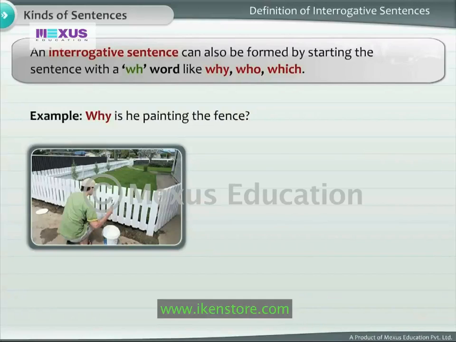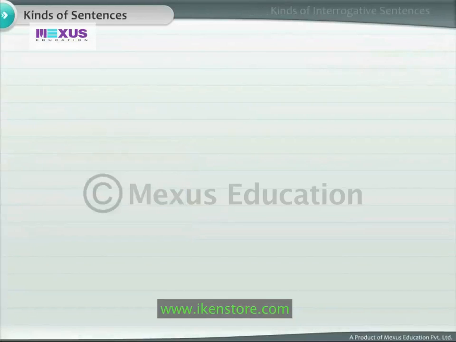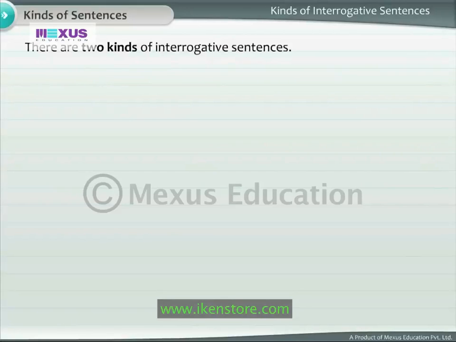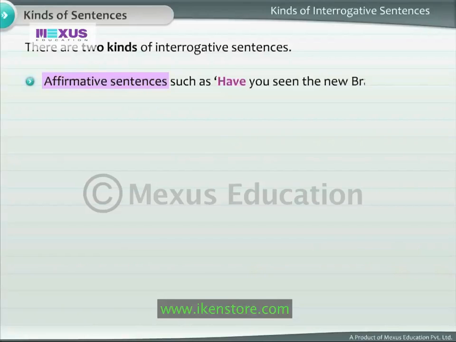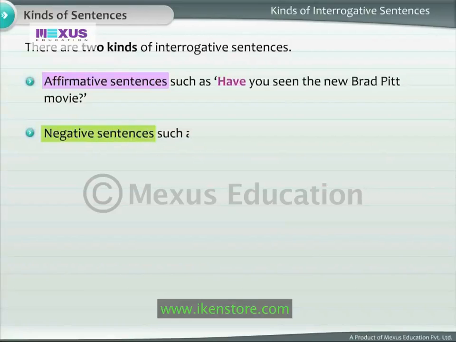The speaker is asking a question. There are two types of interrogative sentences. Affirmative sentences such as, have you seen the new Brad Pitt movie? Negative sentences such as, haven't you seen the new Brad Pitt movie?